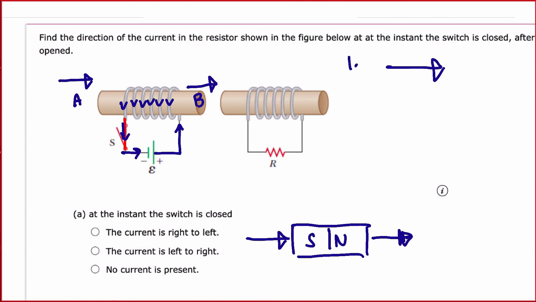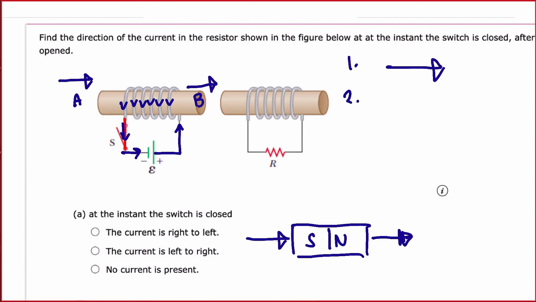Any questions so far? Now, in relation to the previous state, is this magnetic field increasing or decreasing, in relation to before the switch was closed? Increasing. Why is that so? It used to be 0. It used to be turned off.